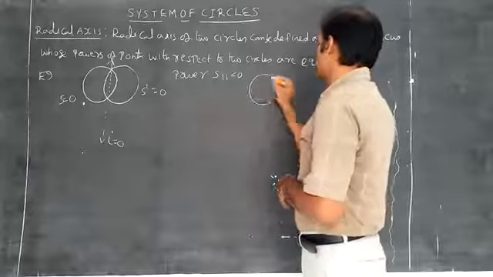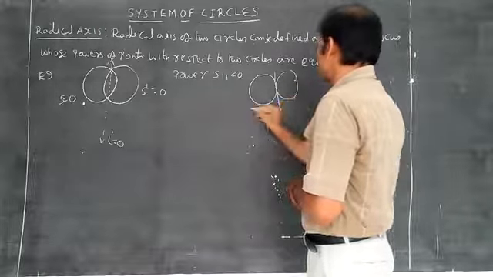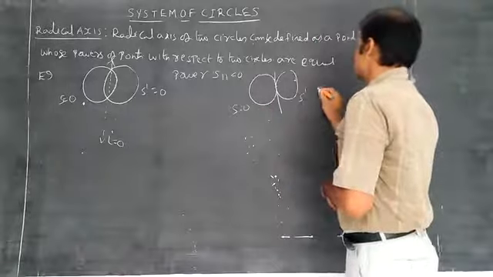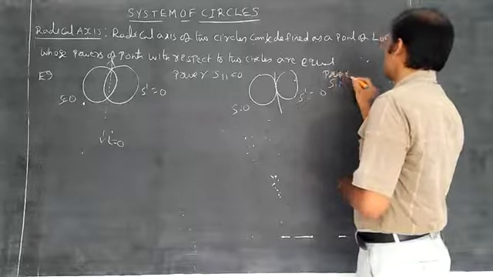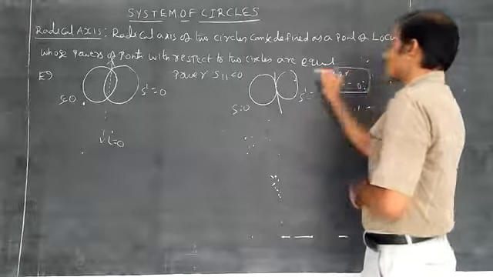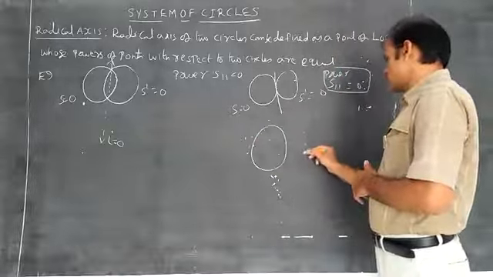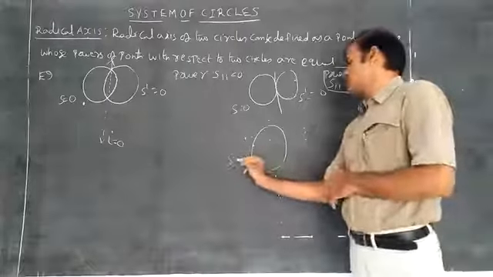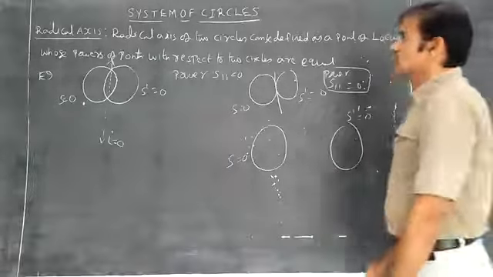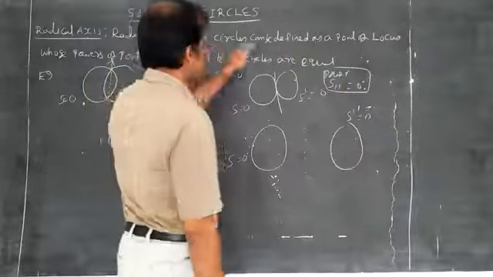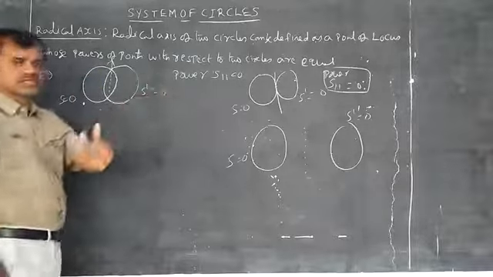Next condition, if the point is on the circle, for S equal to 0 and S dash equal to 0, the power formula, which we learned in exercise 1B, gives S11 equal to 0. If the set of points are outside of the circle, and outside of the second circle also, then S11 is greater than 0 for both circles.